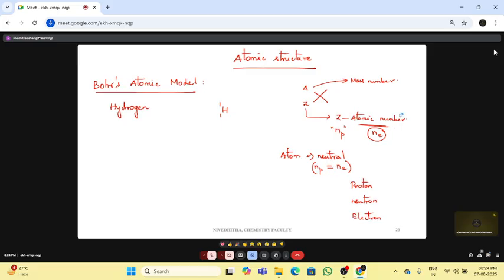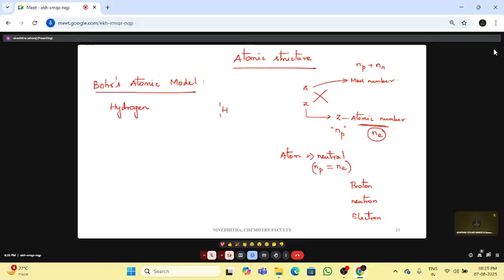That's it. Fine. And mass number represents the sum of number of protons and number of neutrons. So from the atomic number, we can predict the number of protons and number of electrons, and from the mass number, we know the sum of proton and neutron.